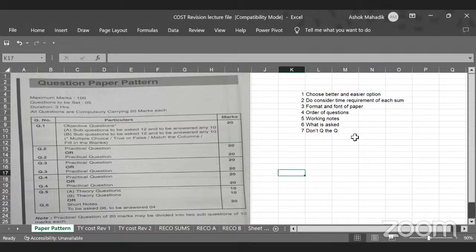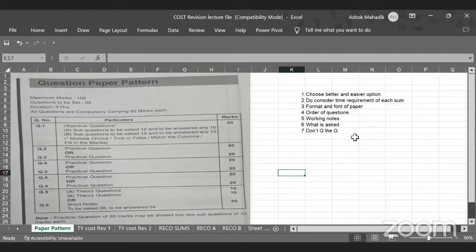One more important thing relating to this: whenever you start a new question, please start on a new page. Even if you have used only 2-3 lines of one page for earlier sum, don't start your answer there itself. Leave that page and start the question on a completely new page.